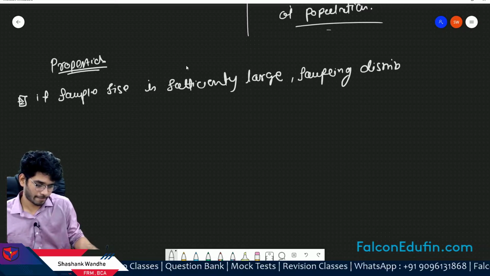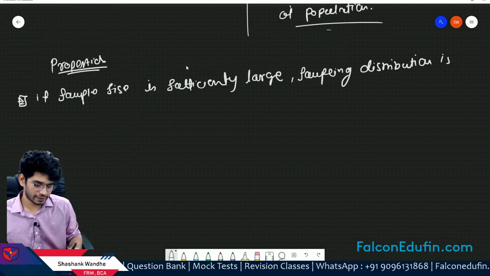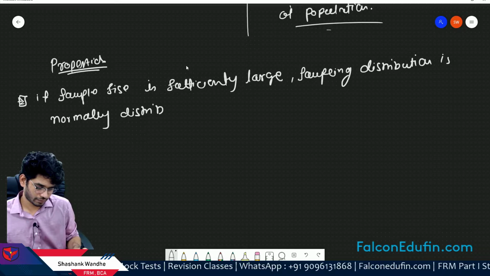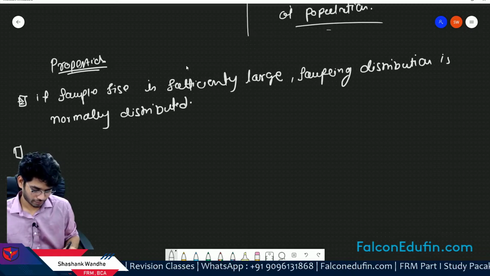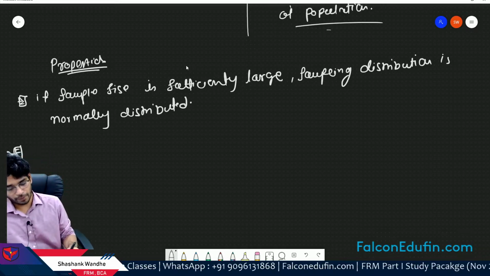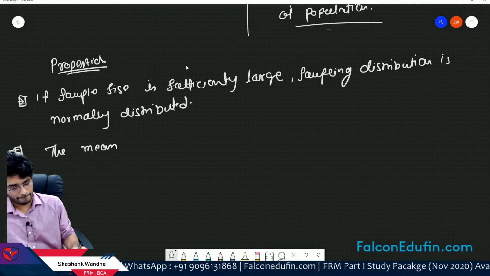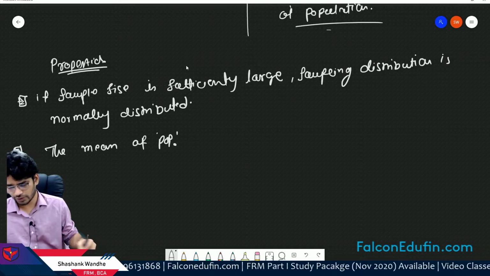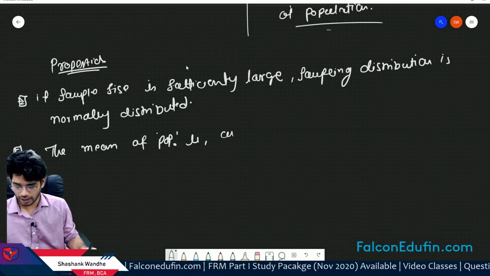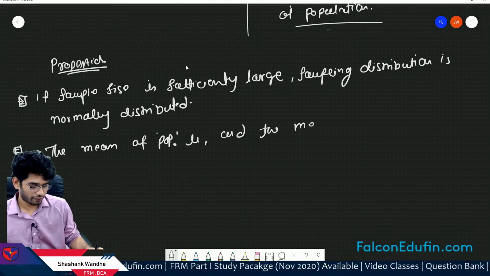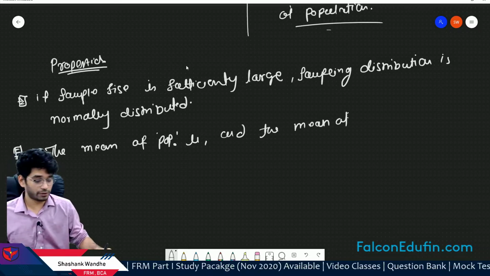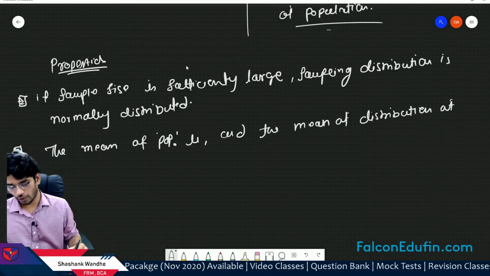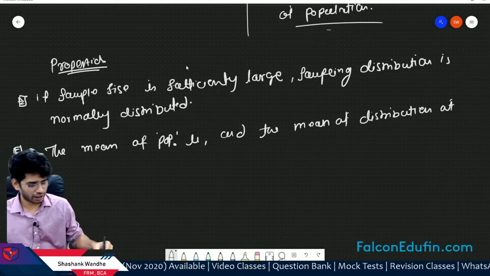Two, the mean of the population, I'm just writing pop to reduce the writing time, which is mu, and the mean of the distribution of all possible outcomes of the sample mean are equal.